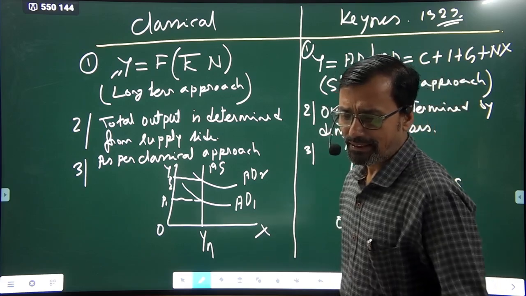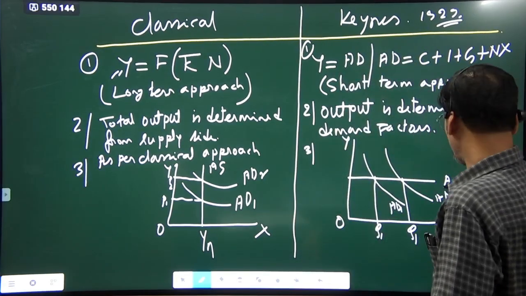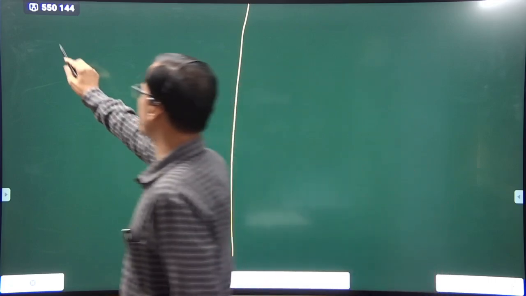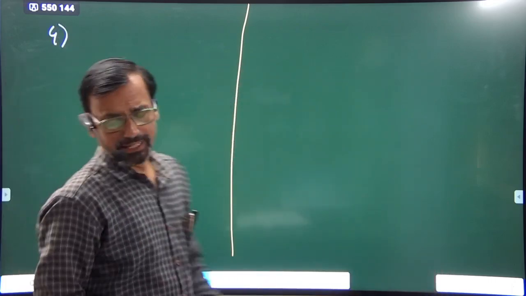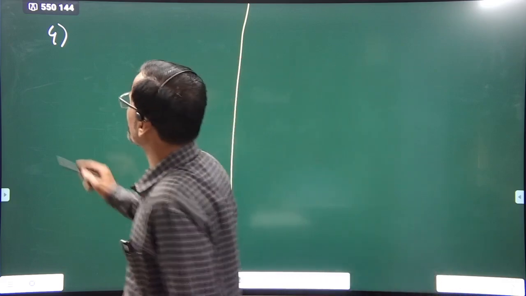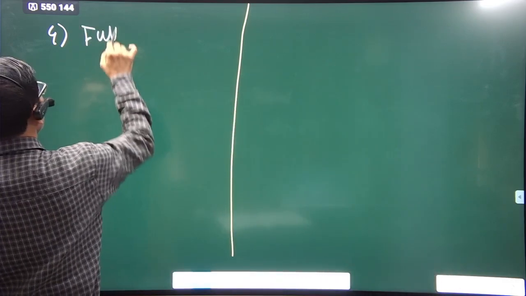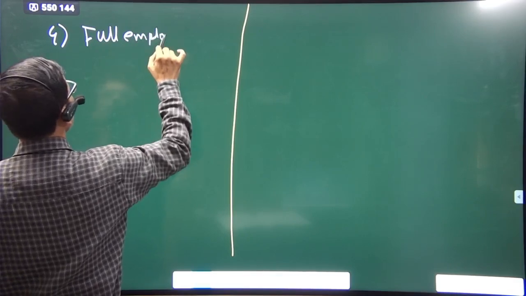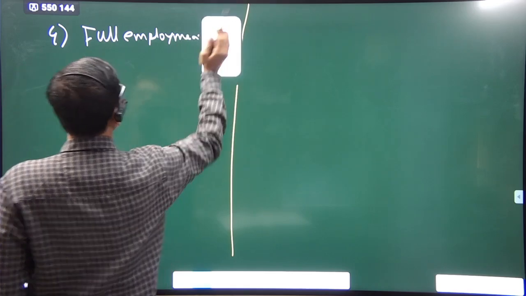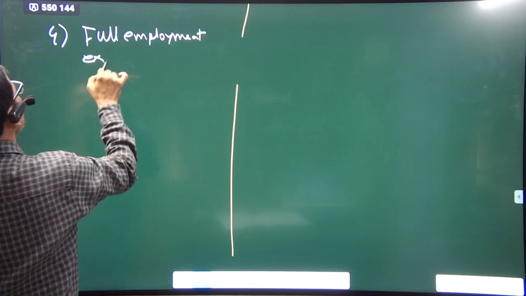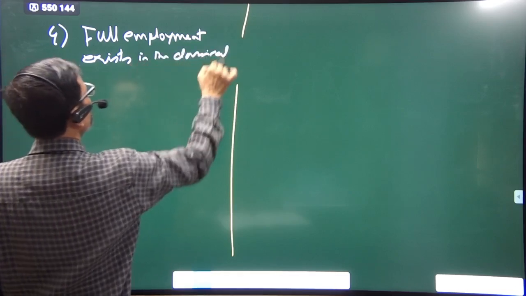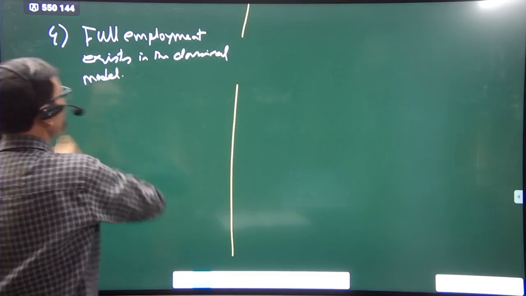Now, next come to the fourth point. In the fourth point, we can see that full employment exists in the classical model.